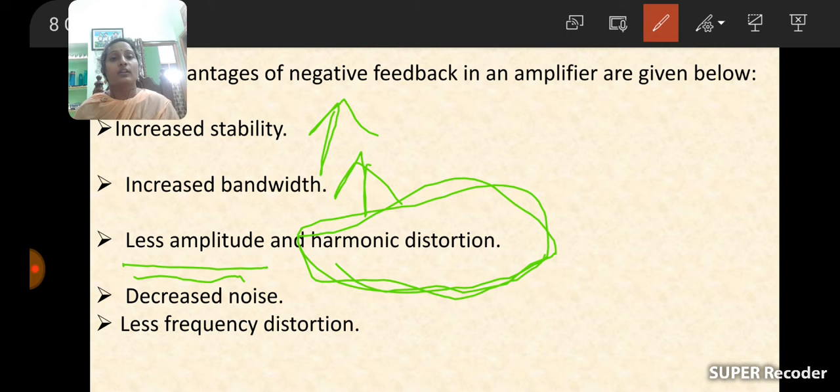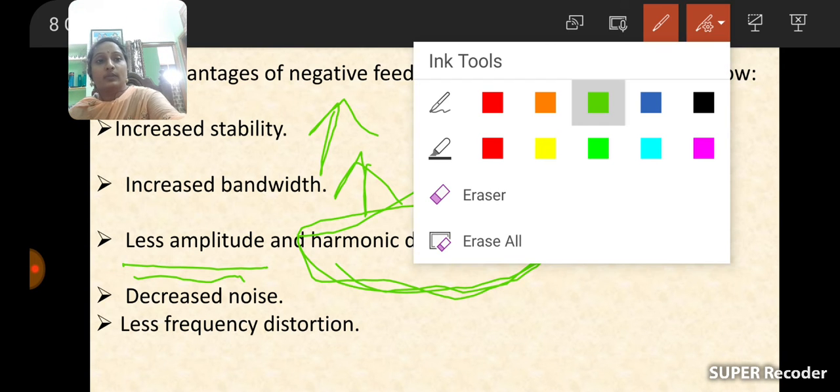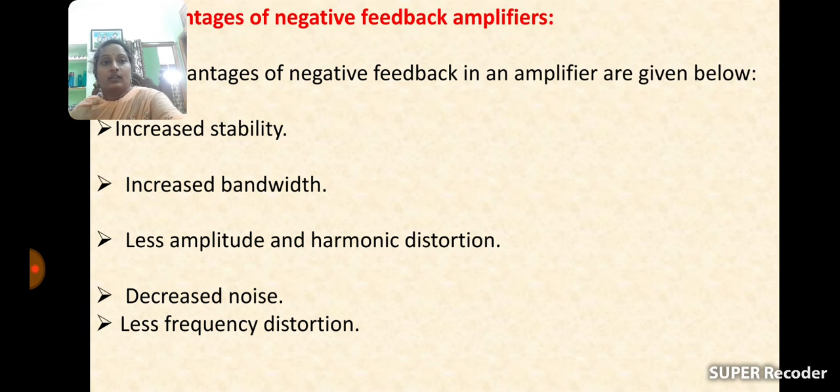Why do we get high stability? Because disturbances, distortion and noise are reduced. Because of these factors, the circuit becomes stable.